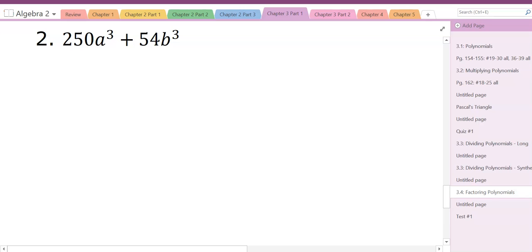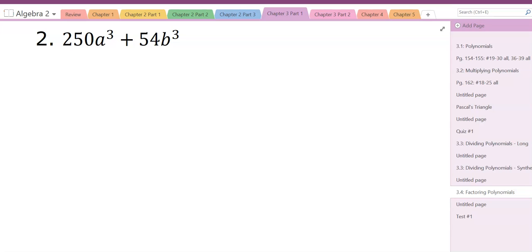I've got 250 A to the third plus 54B to the third. Now, if you have calculators in front of you and you're trying to take the third root of 250, you don't get a nice number. You get 6.299605249, and it would keep going, but that's all my calculator is going to show me.